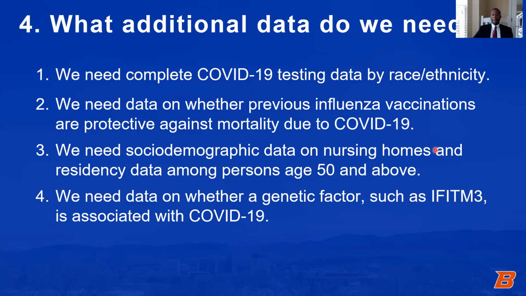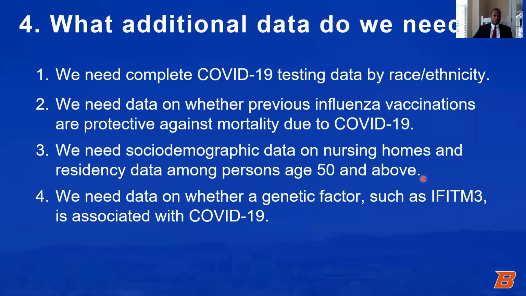And for the third thing, we need socio-demographic data on nursing homes and residency data among persons age 50 and above. Specifically, are there other factors? We saw the tremendous disparity among individuals age 50 and above, particularly among Blacks, who are much more likely to die above that age compared to whites and Hispanics.